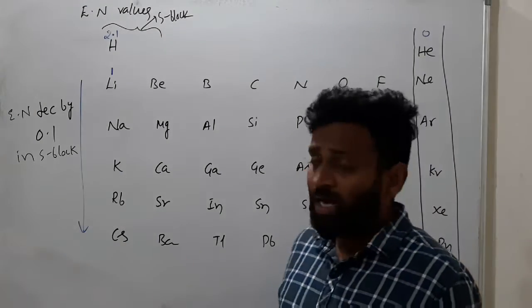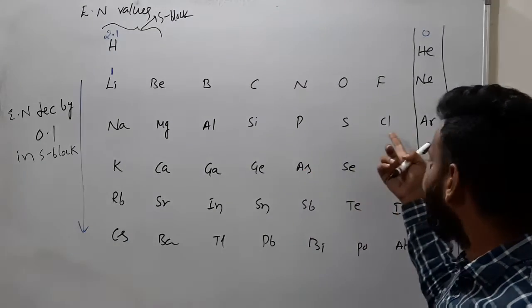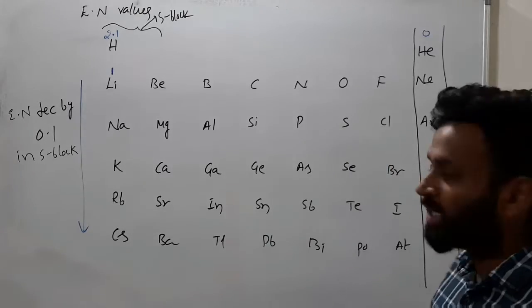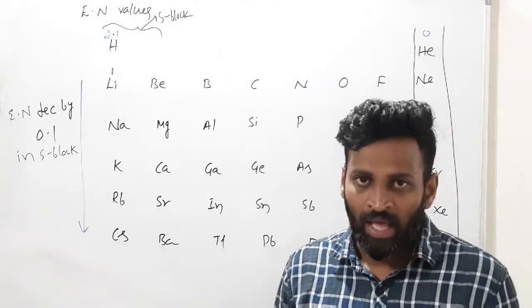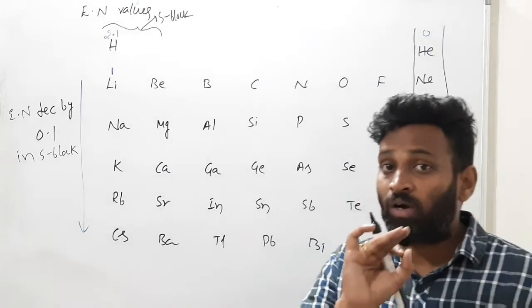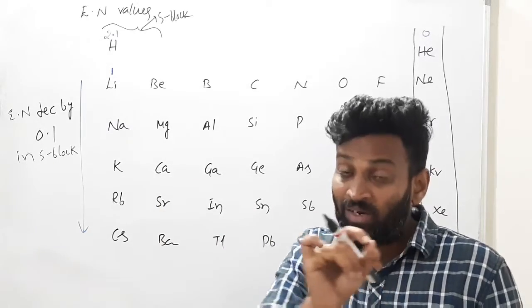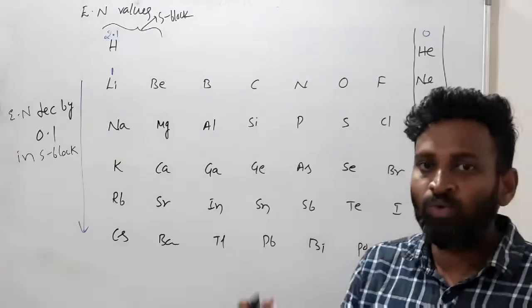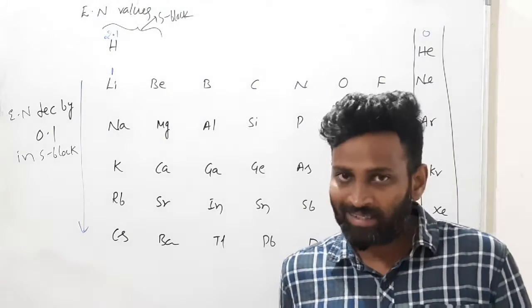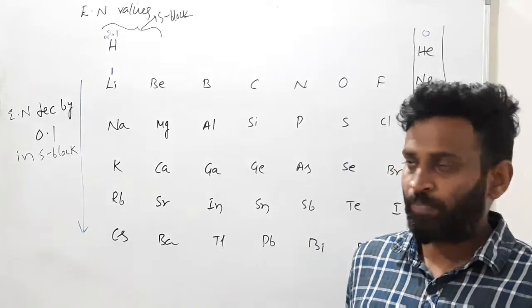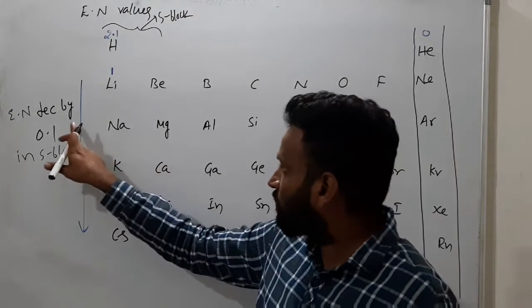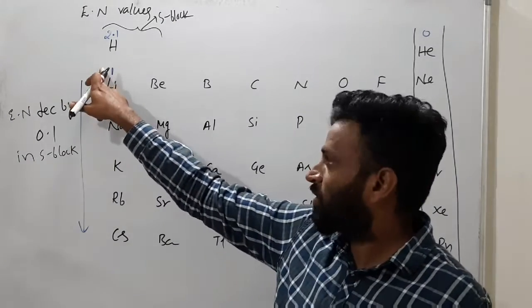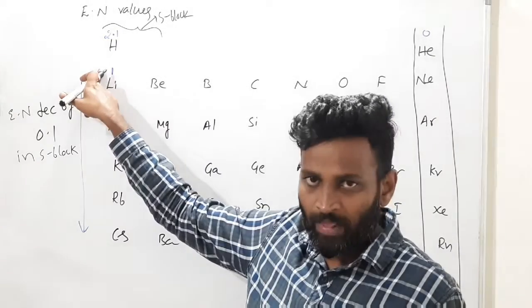Sometimes it is useful. They ask directly, what is the electronegativity of chlorine? By using this trick we can say the value. Sometimes they ask for the increasing order of electronegativity. If you know who has more and who has less, we can say. So start with 1: lithium electronegativity, take it as 1.